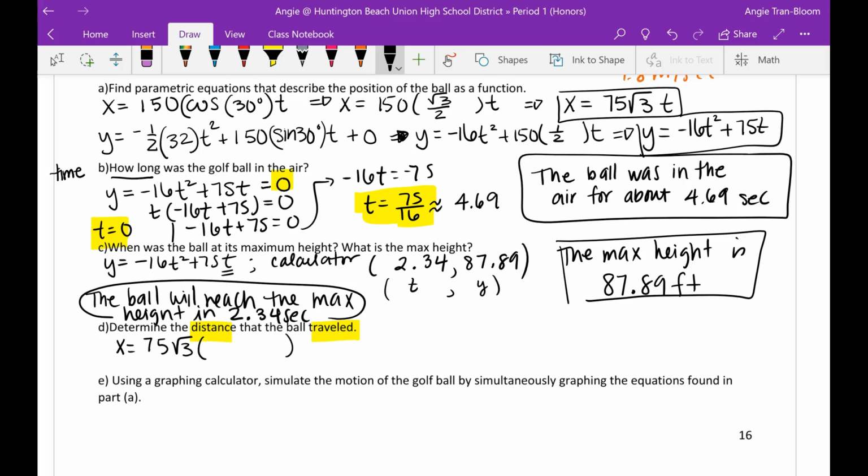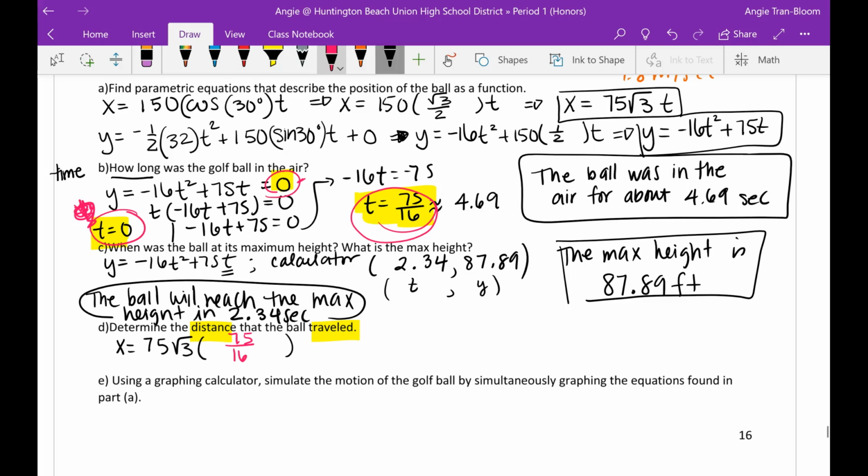This is where you plug in the time the ball landed, right? Because this right here is the two values. This one is when the ball first started, the time and the height. The height is going to be 0, and when the height is 0 the second time, it gave me the time of 75/16. No, you should not use 4.69.